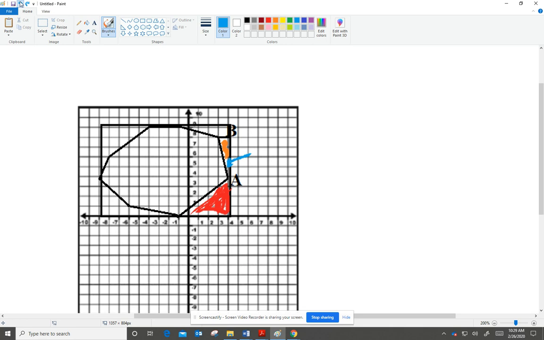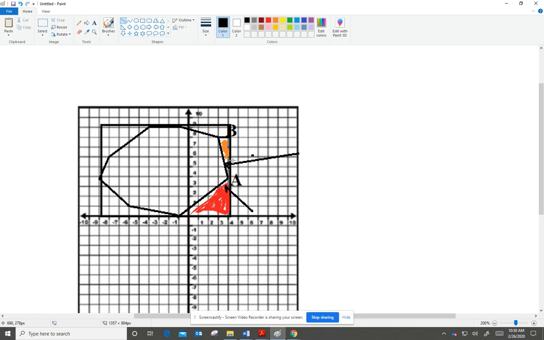Now, I have a right triangle here, and I should know my two leg lengths because we can just count the squares. We should be able to find a measure for this angle in the orange triangle, and for this angle in the red triangle.